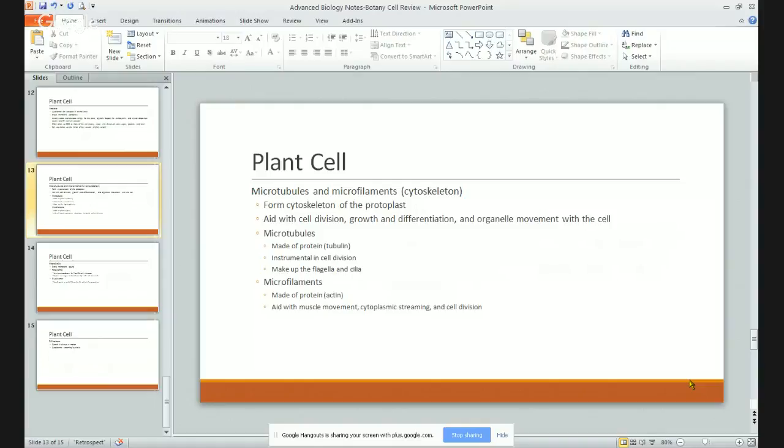Microfilaments are the second part of your cytoskeleton, and they're made of a protein called actin. Their job is to help with some muscle movement. I don't think we've ever gotten over it, but if we were to break down your skeletal muscle to its smallest, simplest version, like the organelles of the muscle fiber or muscle cell, you would find that it's made up of actin.